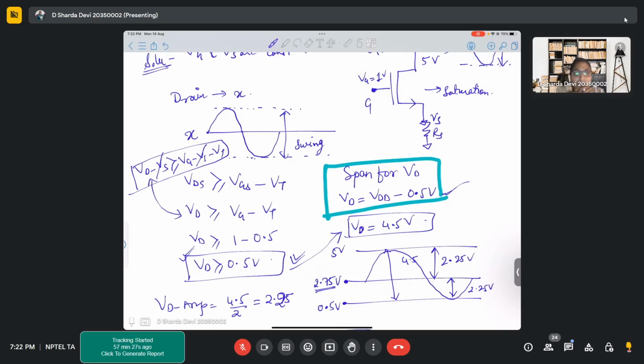Ma'am, while doing the biasing, we have to keep VG in such a way that my MOSFET will remain in the saturation region. But there is one voltage VG at which we will get a high gain. So if we shift from that a bit, there will be a large... No, no.